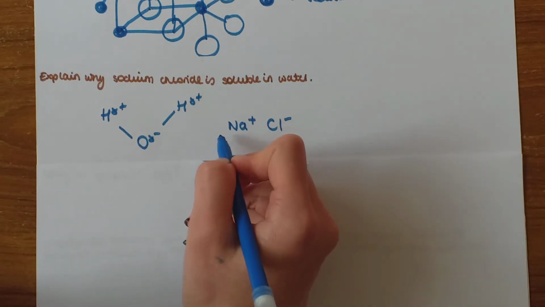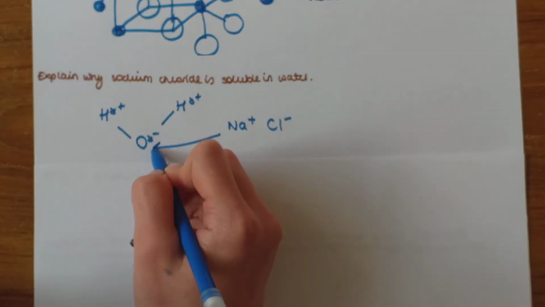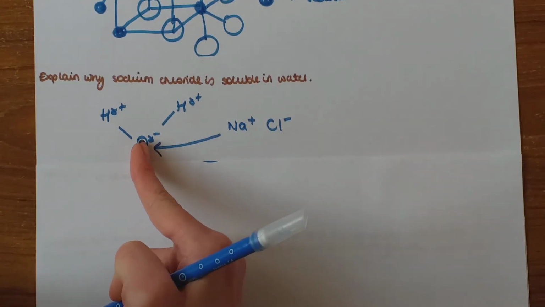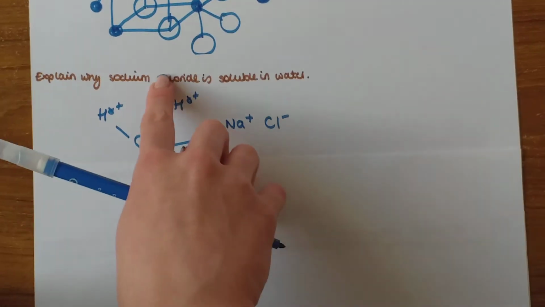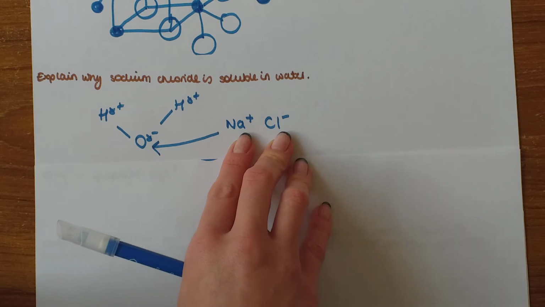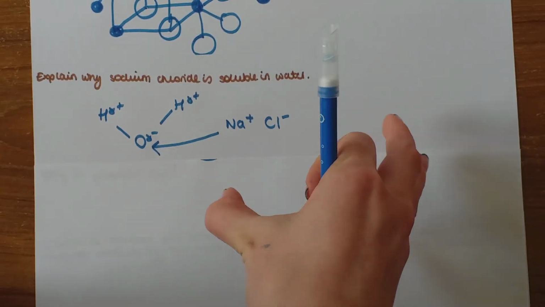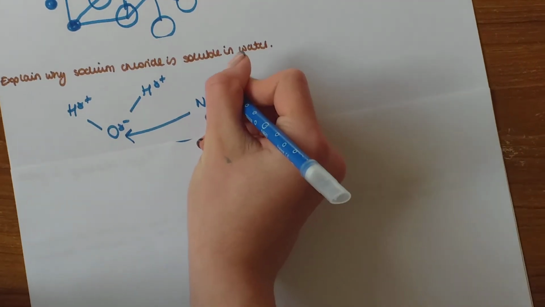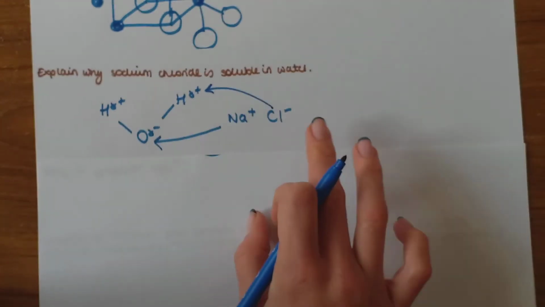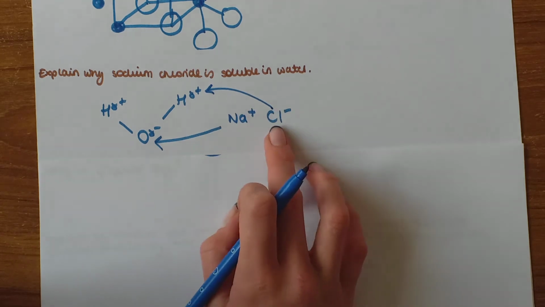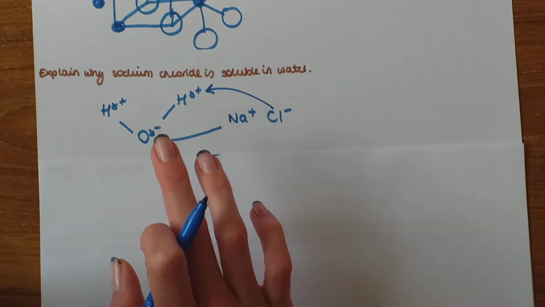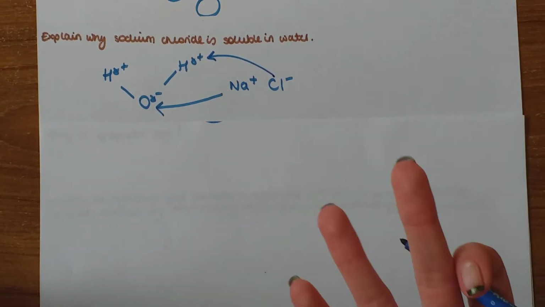Any plus ions are attracted to the oxygen minus, because in water the ions kind of separate. So sodium chloride in water, the ions separate and connect to water. Negative ions connect to positive H in water, and positive ions connect to negative O in water, and that's how they're soluble.